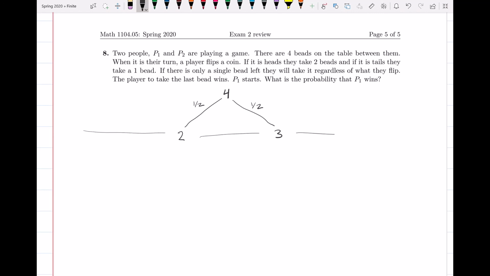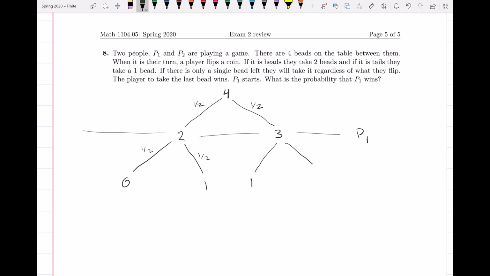This was player 1's turn. Now it's player 2's turn. Alright, so if there's 2 beads and they are lucky, right, they will take away 2 and get 0, or they will take away 1 and leave 1. So then these are 50%. If there are 3 and they take away 2, then they're left with 1.